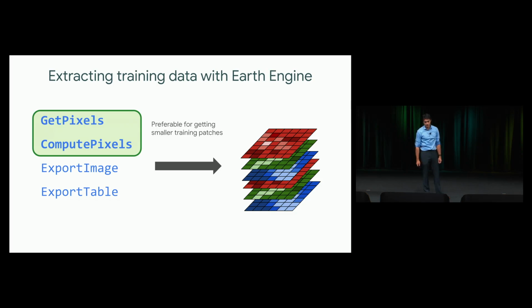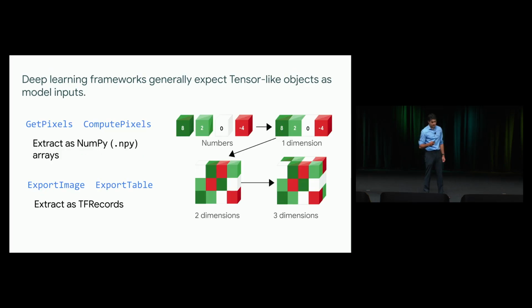So to review, for extracting data with Earth Engine, I would recommend using getPixels and computePixels. It's better for getting smaller patches of imagery. The export methods that we have are very good if you have large images you want to get out, but they take more time because it's a long-running task. The other thing to note is that deep learning models expect a very generic sort of data type.